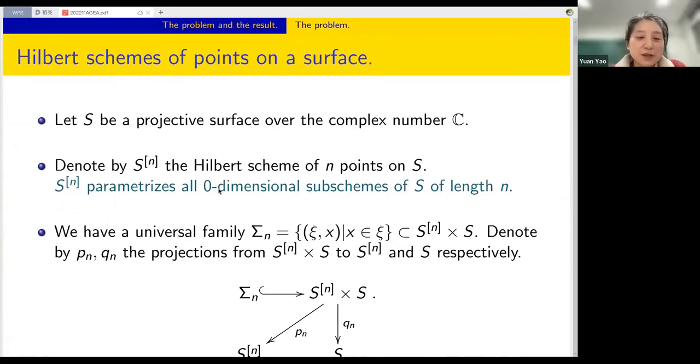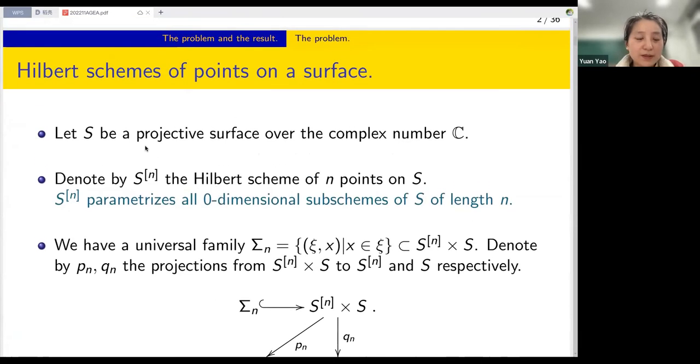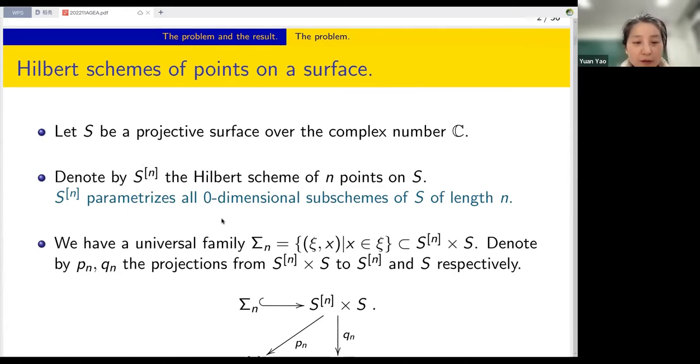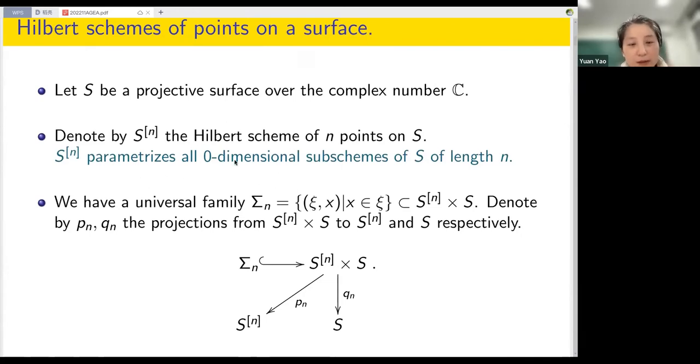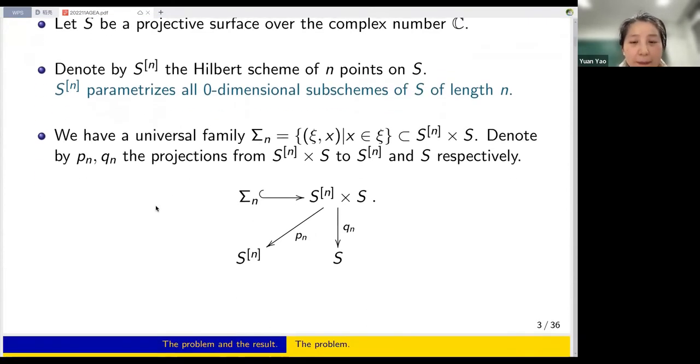Okay, so the Hilbert scheme of points. I think these are some well-known facts. Let S be a projective surface over the complex numbers. We denote by S^[n] the Hilbert scheme of n points. S^[n] parameterizes zero-dimensional subschemes of S. Points of S^[n] are also rank 1 ideal sheaves, and we have a universal family.